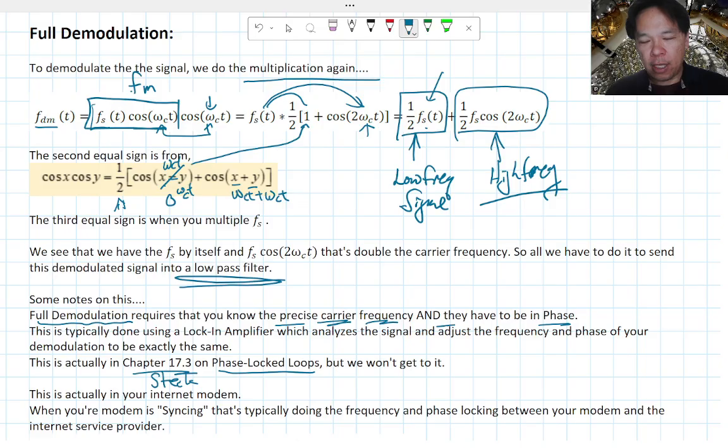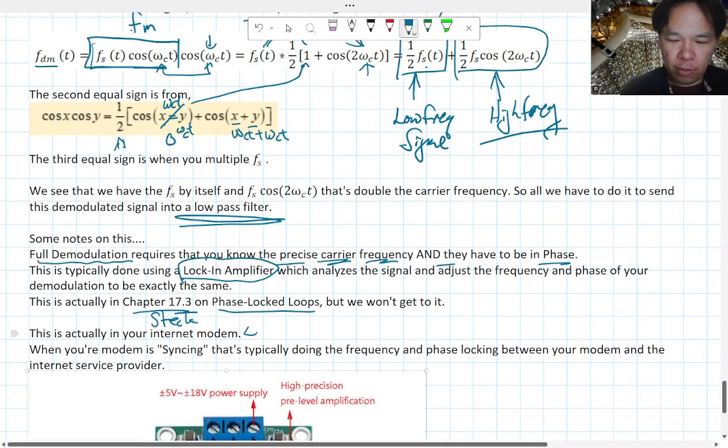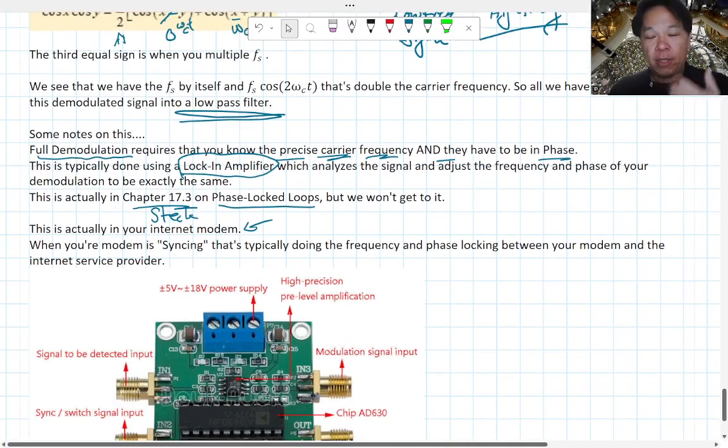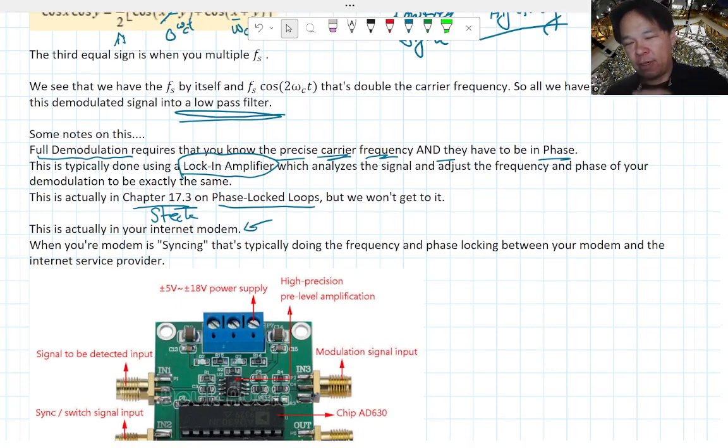It talks about how this actually works, and this is done by something called a lock-in amplifier. And this is actually what your internet modem is doing when you plug it in.